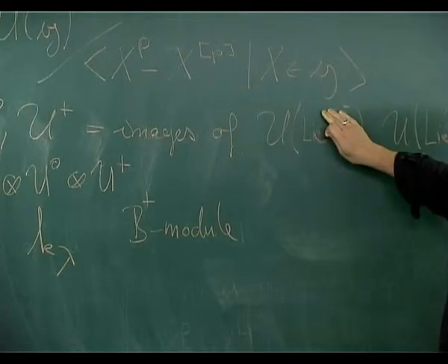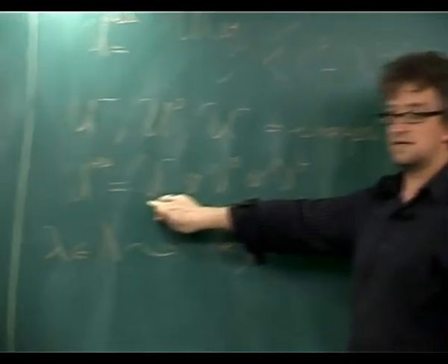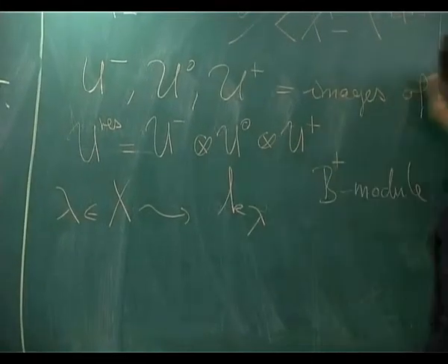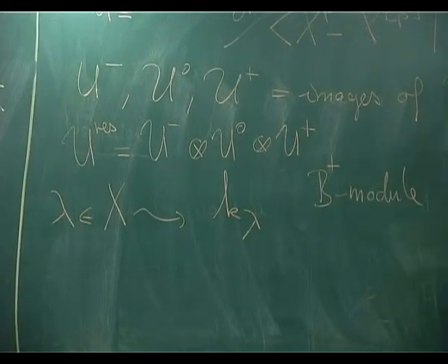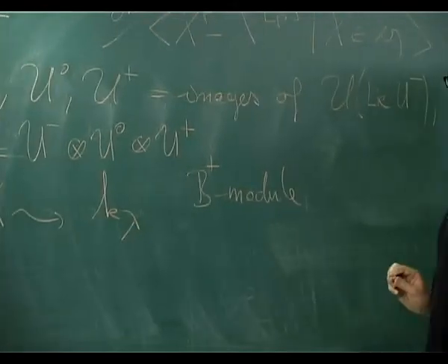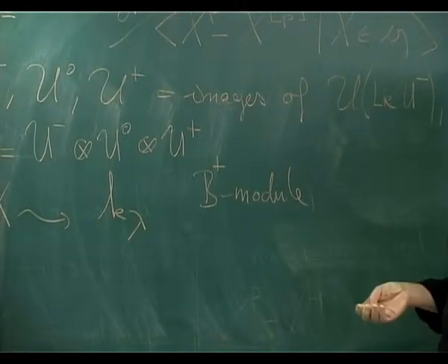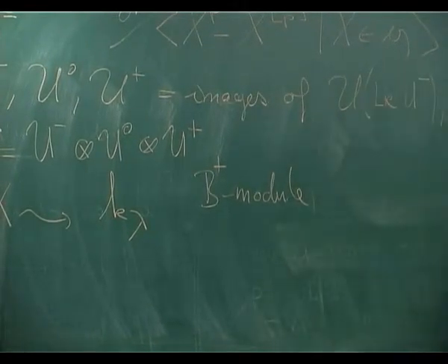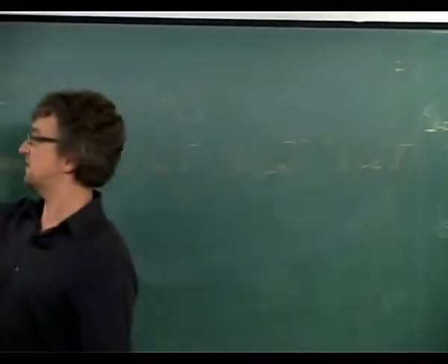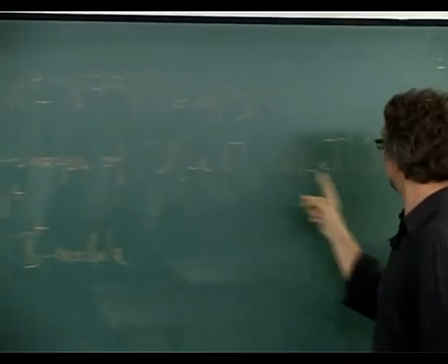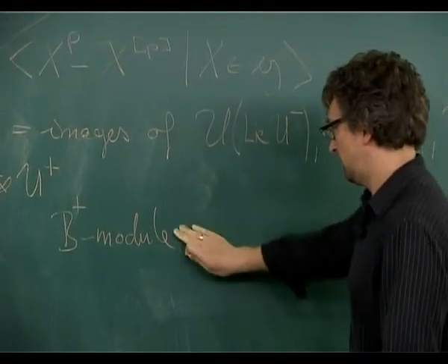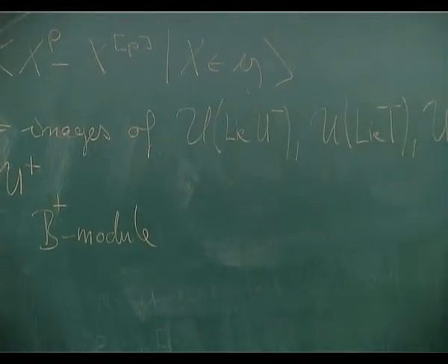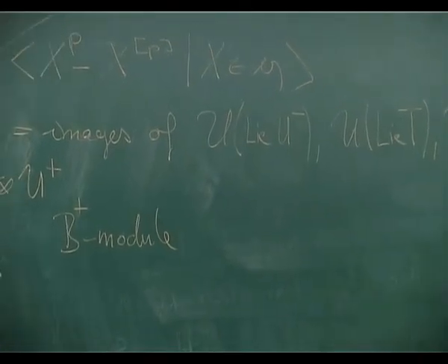U minus is the Lie algebra of the unipotent group, which by chance I denoted by U minus too. I'm sorry about this confusion, but let me stick to it. So these are the algebra versions of these groups.